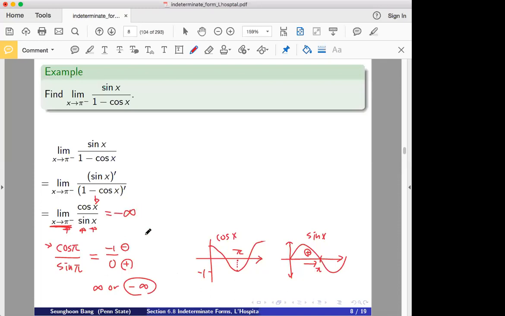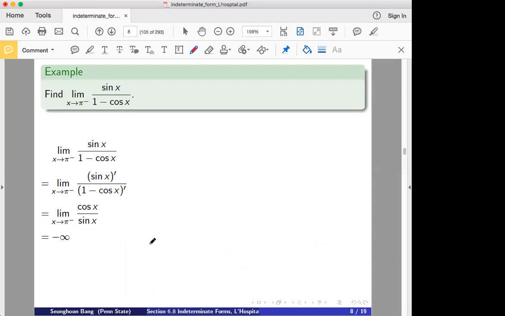So like this. Is this calculation right or wrong? What do you think?